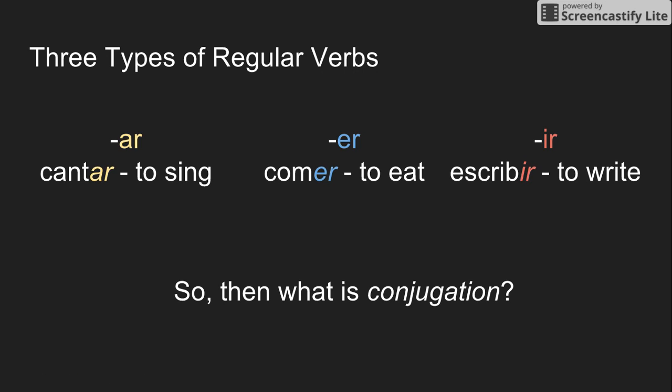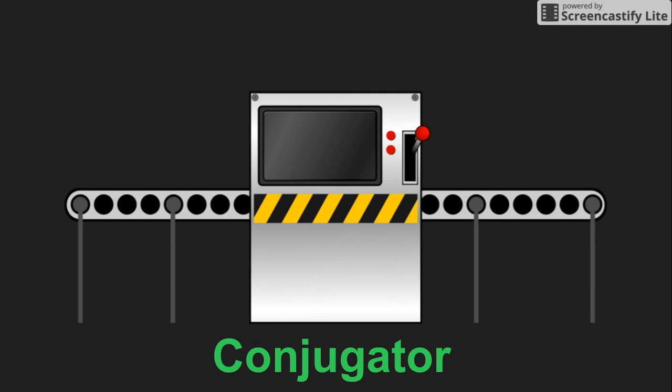So what is it when we talk about conjugation? Well, I'll show you with our conjugator. So conjugation is a wonderful way for us to take a verb in its natural state, ending in AR, ER, or IR, and then transform it so that we can use it the way that we want to.